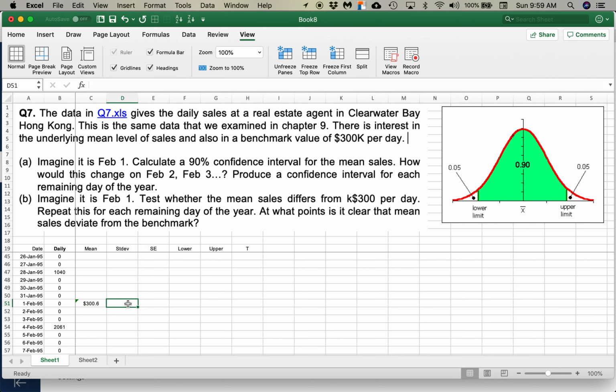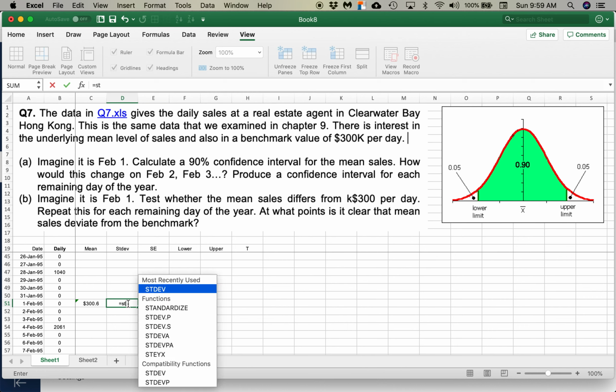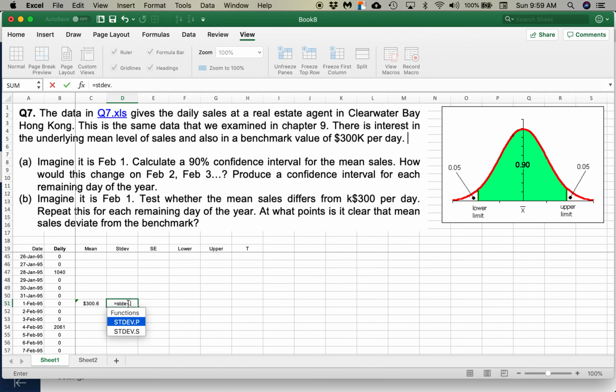We're going to do the same thing for standard deviation. So equals STDEV.S. This is a sample, so STDEV.sample. Open parenthesis, and I'll select from. You can actually program these things by hand.